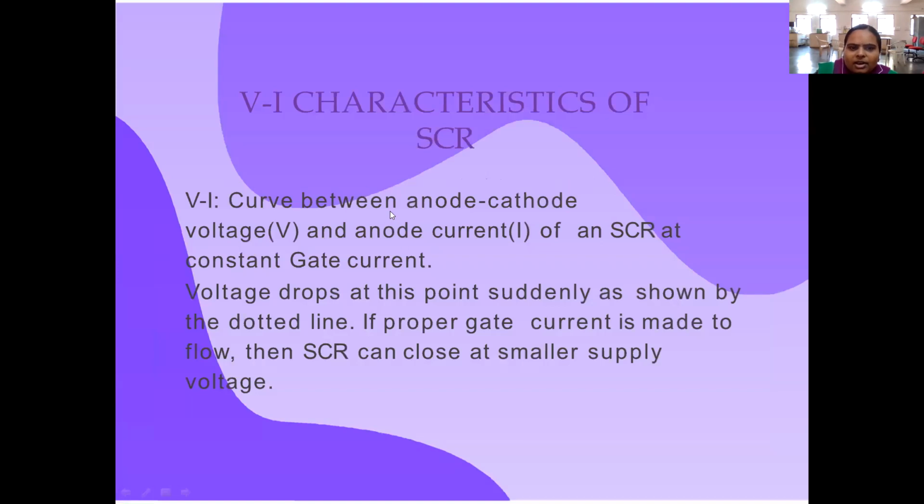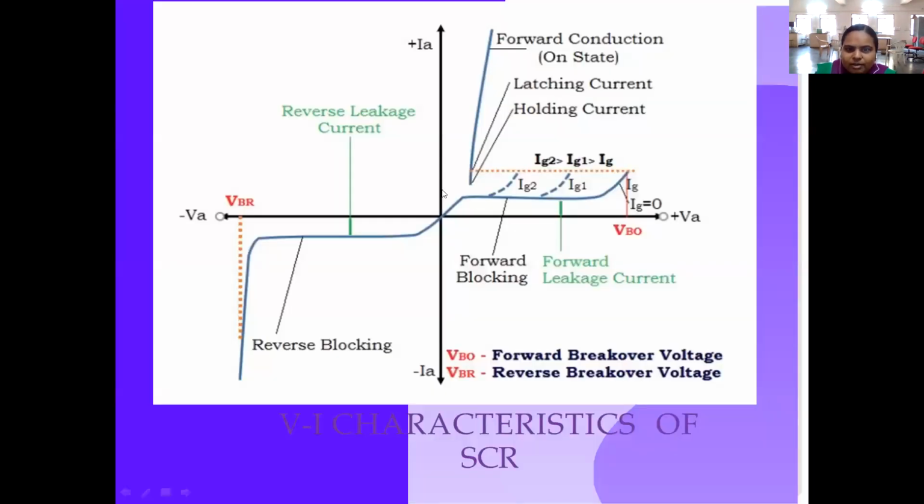Then what is the VI characteristic? Here we are going to know how voltage and current vary in the SCR. The voltage drops suddenly at this point, as shown by the dotted lines here in the construction.